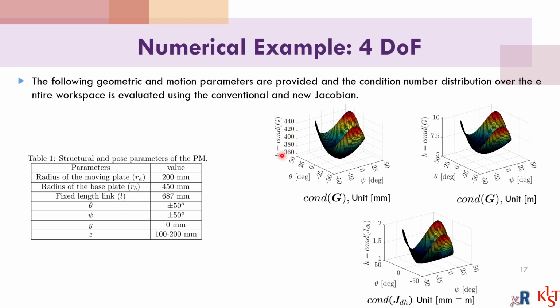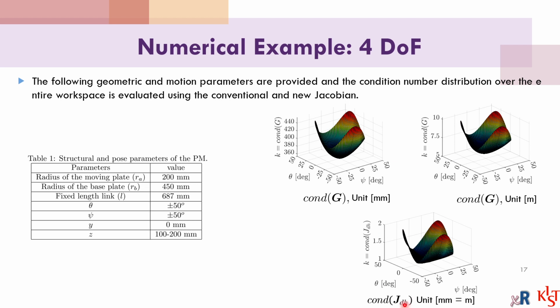As can be seen here, the condition number has a very large value compared to the ideal value, which is 1. And then we change the unit of the same Jacobian, and the condition number distribution is different. So it's difficult to compare the performance because of these differences.